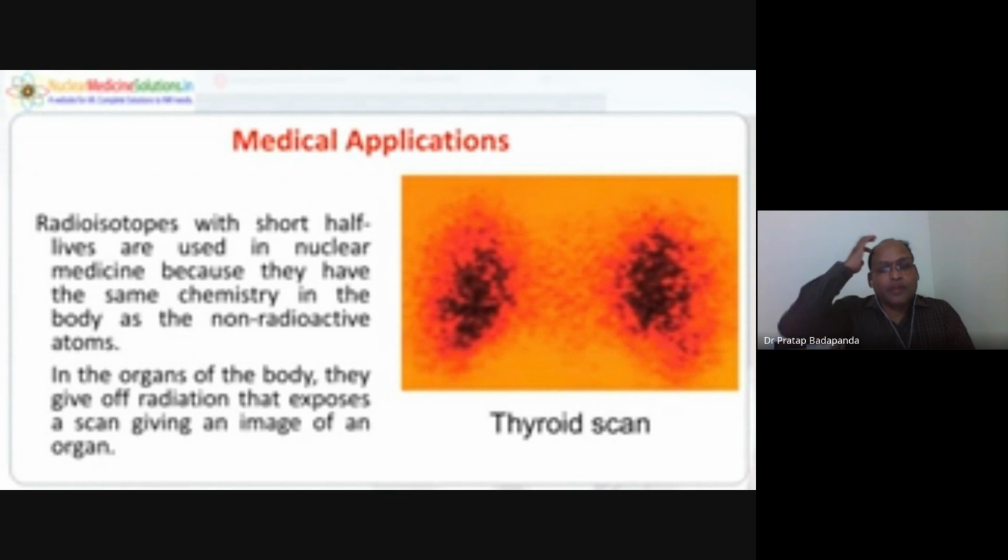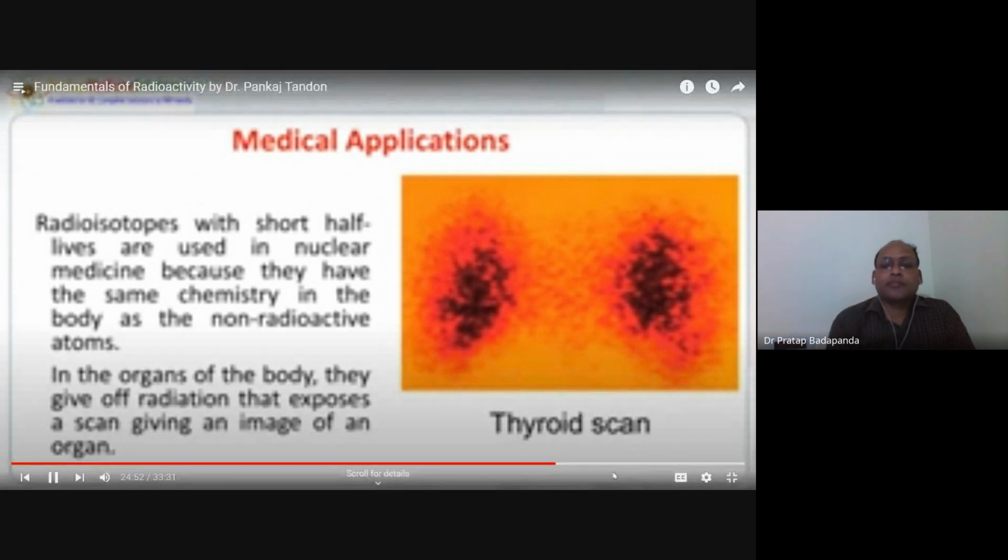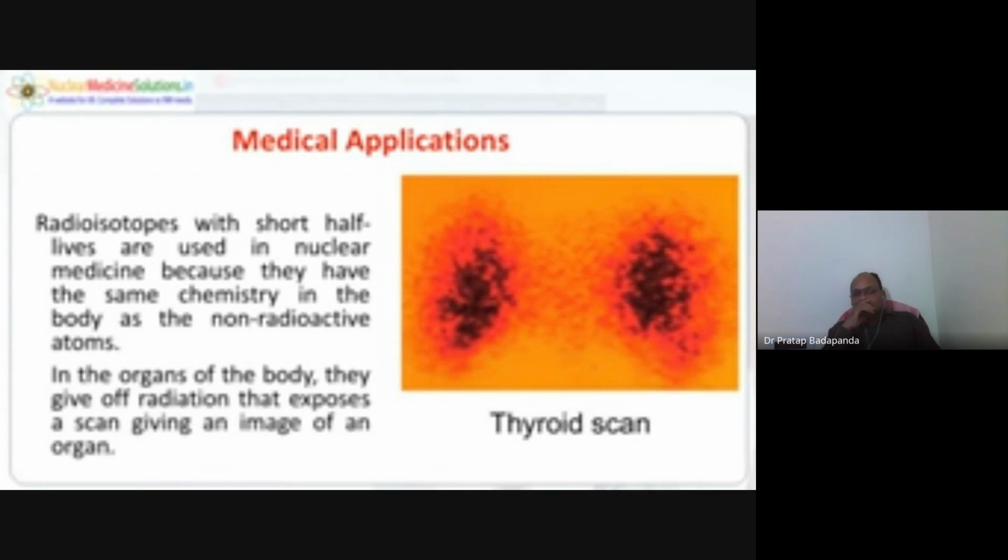Suppose you would like to take a thyroid scan, to know how the thyroid is functioning. You give a radioactive material, it starts emitting some kind of radiation, it is detected with a detector, and a scan is produced. It is nothing but a thyroid scan, which tells your doctor whether your thyroid is functioning normally or abnormally.